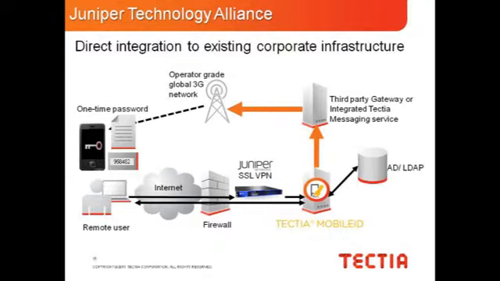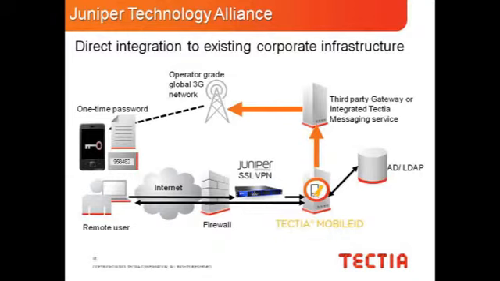If the password matches, it generates on the fly, then and there, the one-time password and sends it either through customers' preferred SMS gateway or via TechDia's integrated messaging service gateways to the 3G or GSM network and delivers this OTP to the end user.